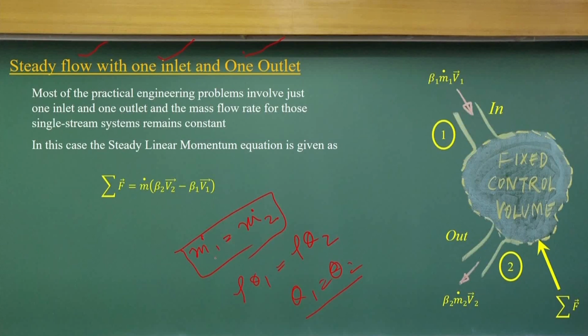So, if the mass influx coming in is equal to the mass outflux, which we can designate as the mass flow rate m dot, then the sum of the forces acting on this under steady conditions equals m dot times (beta 2 V2 minus beta 1 V1). So, with correction factors beta 1 and beta 2, we compute the momentum flux coming into the control volume and going out from it.